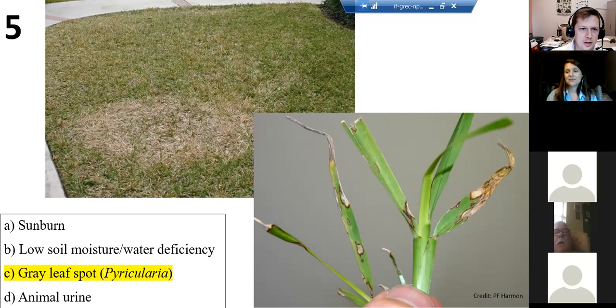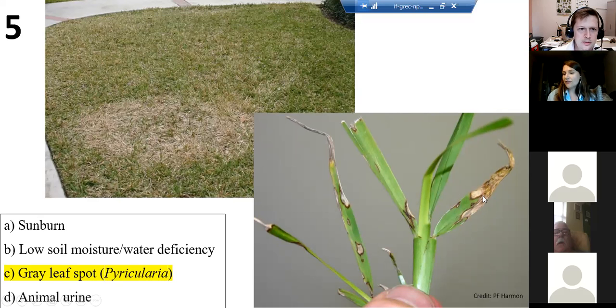And then the next one was low moisture or water deficiency. Yes. So in that case, and that's why we have this picture on the side to point out, if you look really close, you can see some of the structures of the fungus here. So gray leaf spot in St. Augustine grass is caused by the fungus Pyricularia, and you can see the structures of the fungus on the lesions.